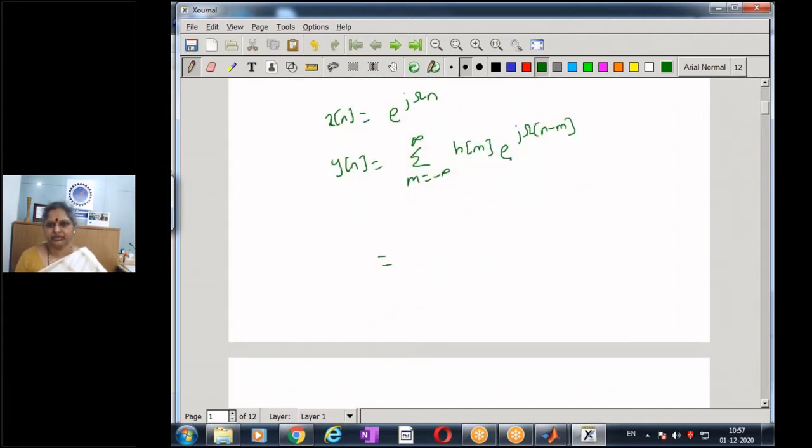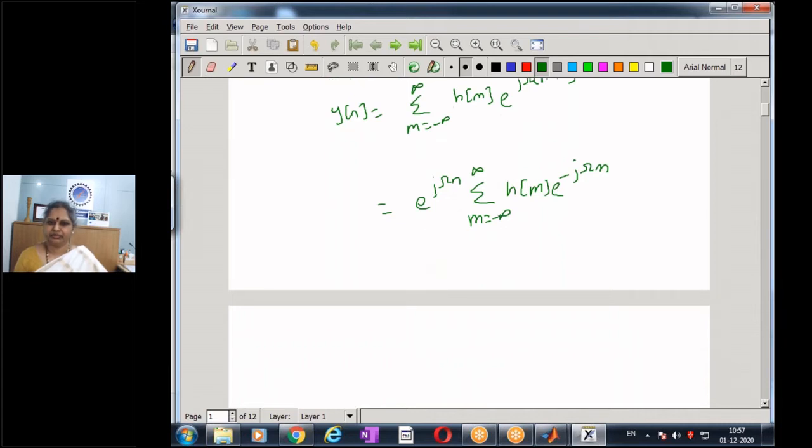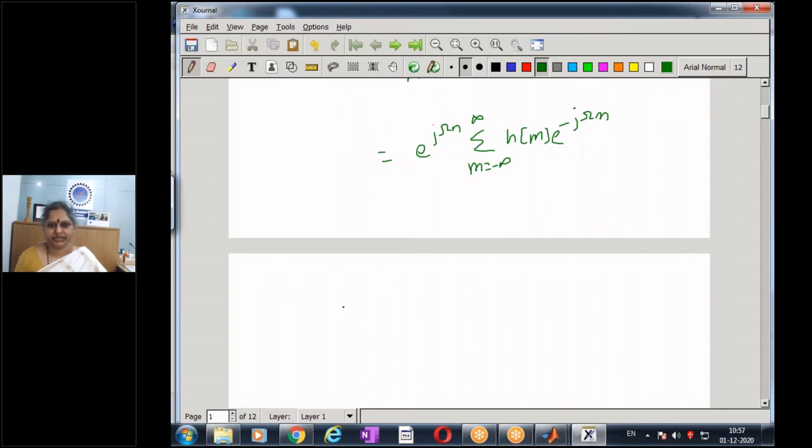Which then becomes, because my summation is with respect to m, I can get the n term out of the summation, and then I have the sum over m from minus infinity to infinity of h of m e to the power of minus j omega m. Here m is just a running variable, which eventually vanishes once I perform the summation, and hence I can replace m by n, in which case I have y of n equal to e to the power of j omega n, times the sum over n equal to minus infinity to infinity of h of n e to the power of minus j omega n.